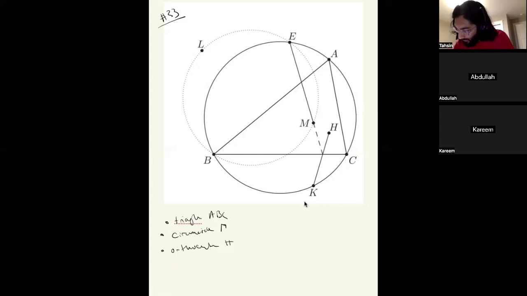Now there's this point K that comes. K is completely arbitrary. It's an arbitrary point on the circumcircle. Now it says on the other side of BC from A. Maybe there's an easier way of saying this.